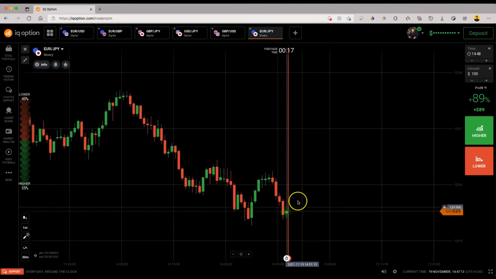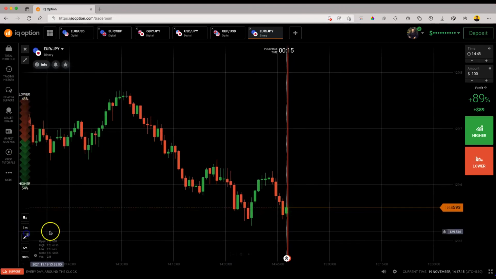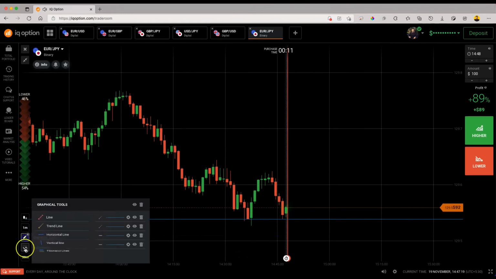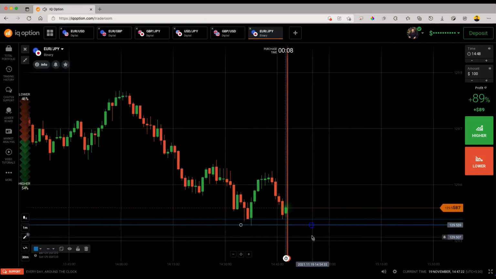Now here we are having the support. So do we have to go for the call or do we have to go for the put? The candlestick is going to provide us the information.